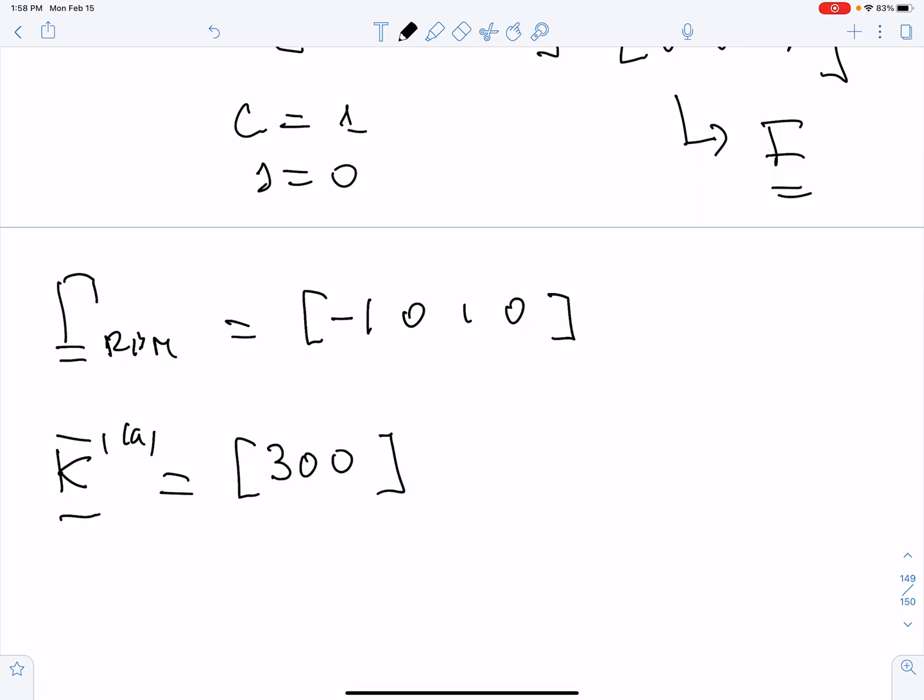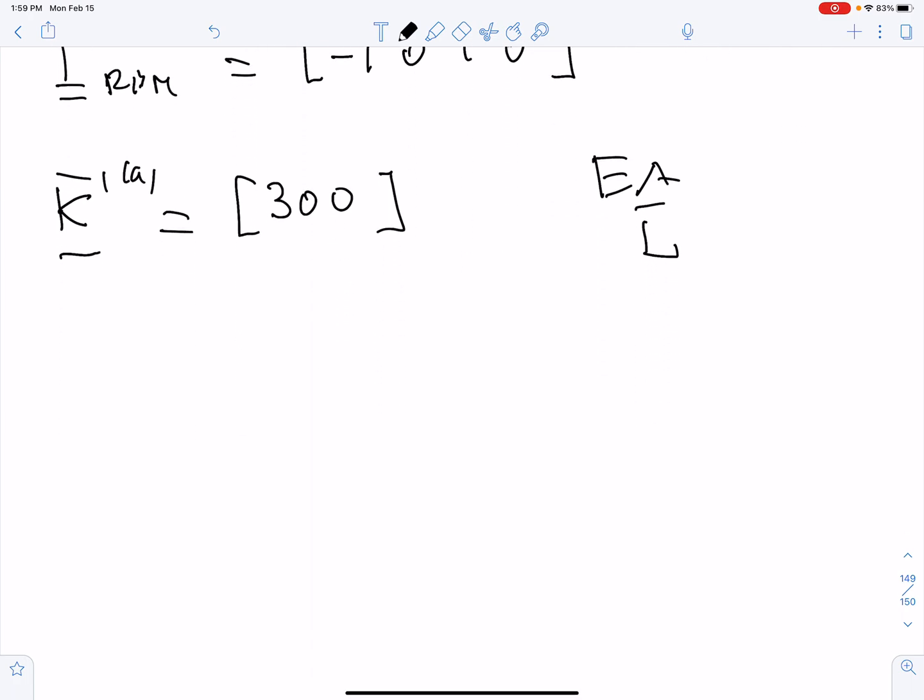It's a 1-by-1 matrix, and corresponds to the ratio of EA over L. So this allows us to compute Ka directly from the formula we developed.